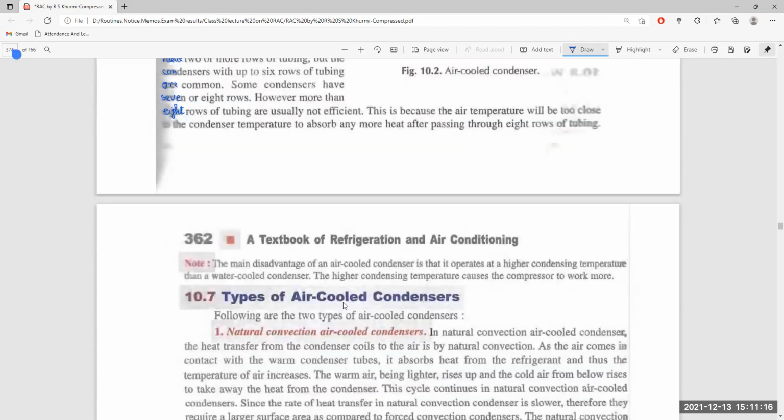But the main disadvantage of the air-cooled condenser is that it operates at a higher condensing temperature than a water-cooled condenser. The higher condensing temperature causes the compressor to work more.